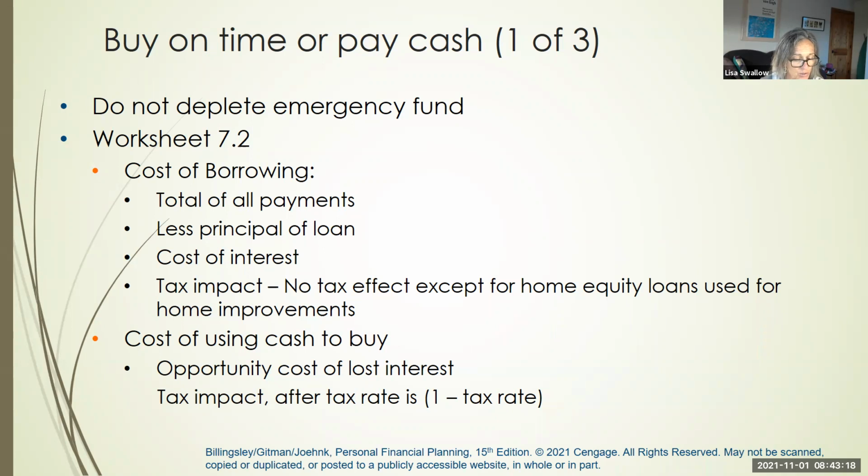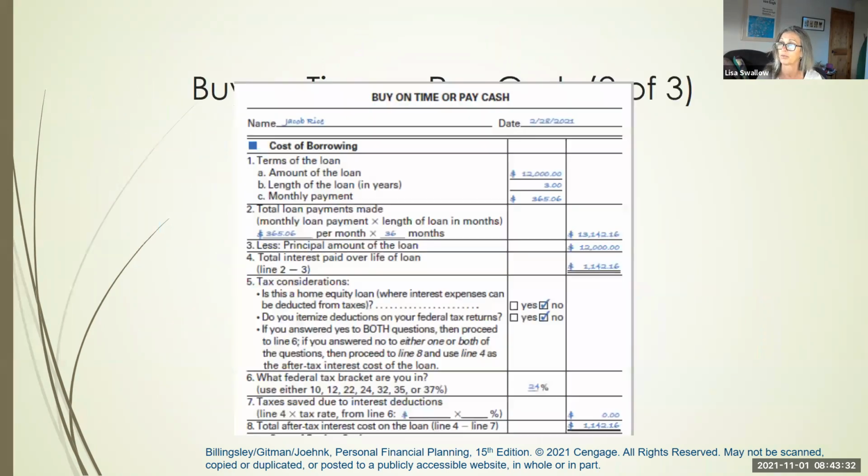So we're going to use worksheet 7.2, which is on page 296 in your book. We're going to go through the cost of borrowing, the cost of paying cash, and then figure out which we think is the better opportunity.